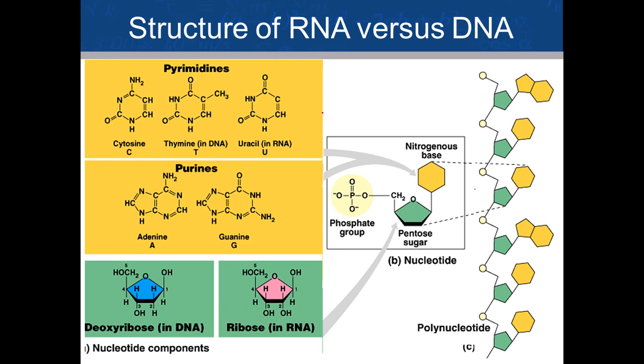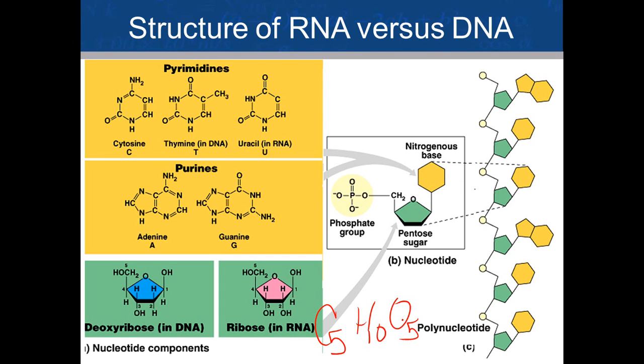RNA uses the pentose sugar ribose, and if I say it's a pentose sugar, what is its molecular formula? Think for a second. C how many, H how many, O how many? Okay, you're probably saying C5, H10, O5, and you are absolutely correct.